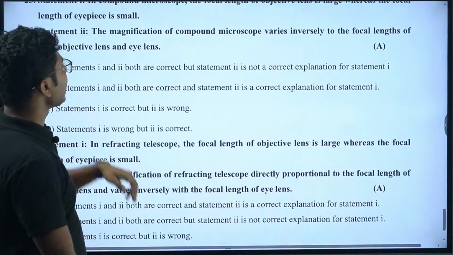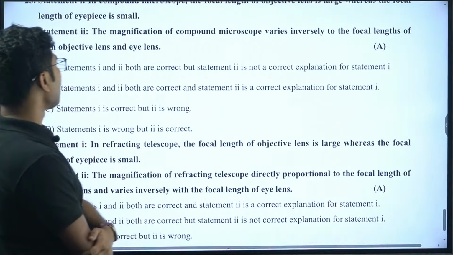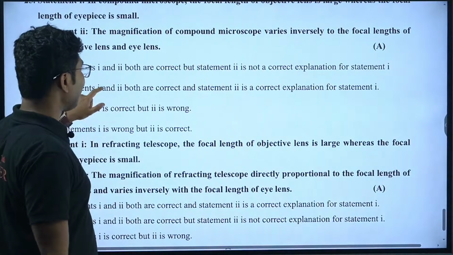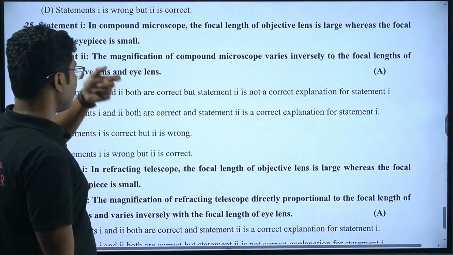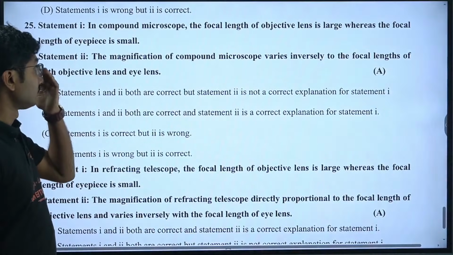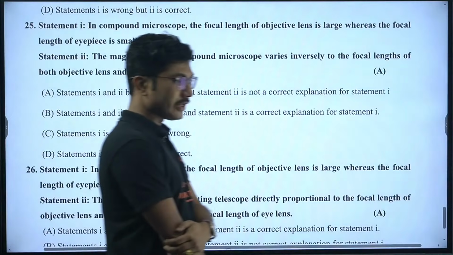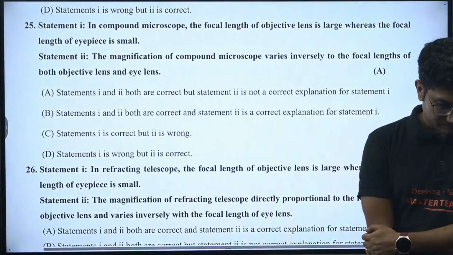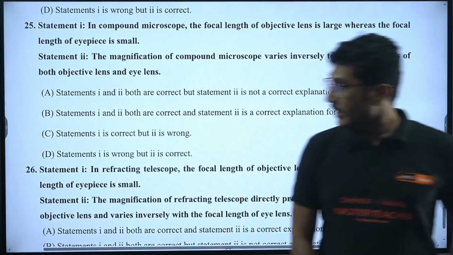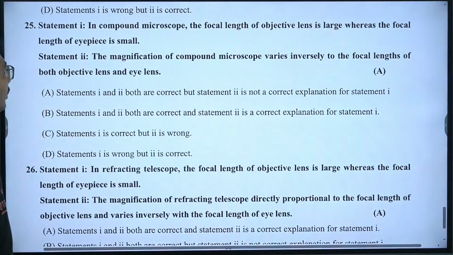Statement 2: the magnification of a compound microscope varies inversely with the focal length of both the objective lens and the eye lens. Let's see question number 25. Who will answer? Rukmini Nagraj is saying option D: statement 1 is wrong, but statement 2 is correct.